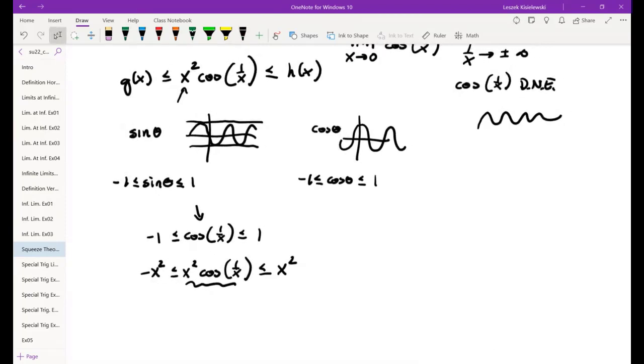Okay. So next, I find the limit as x approaches 0 of everything here.